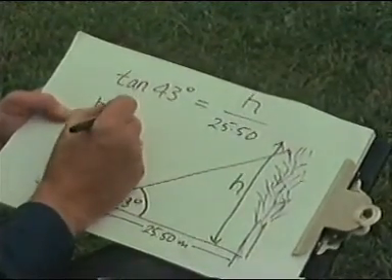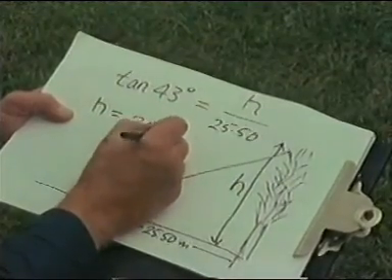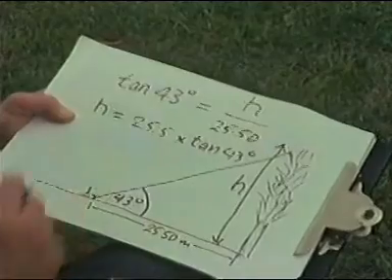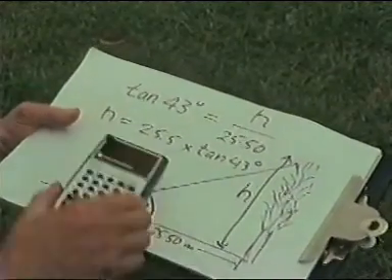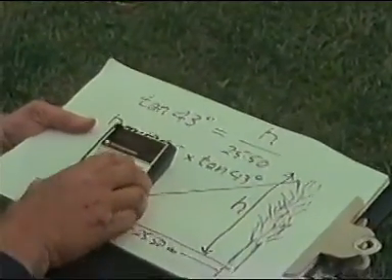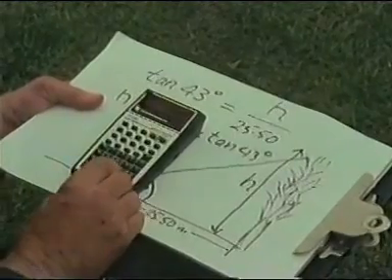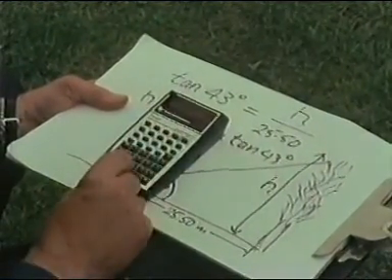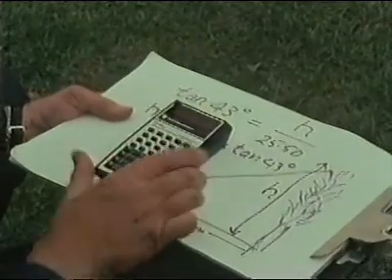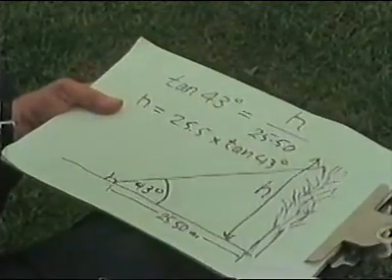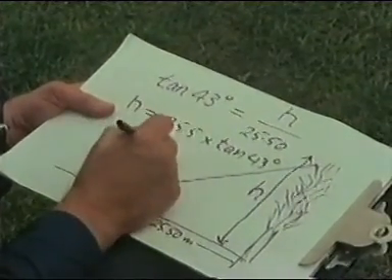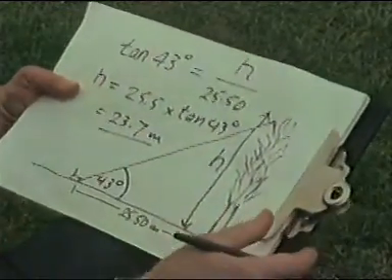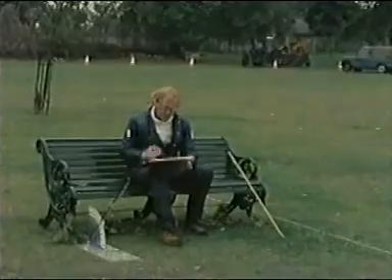So the height of the tree is equal to 25.5 times tangent of 43 degrees. So let's just work that out. 43 tan times 25.5 equals, well, that's 23.7. 23.7 meters. So I've got about 2 meters in hand.